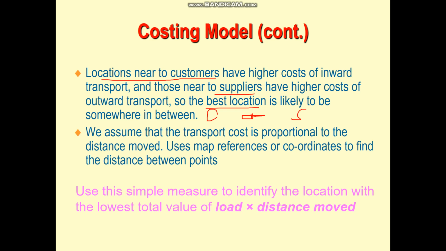We assume that the transport cost is proportional to the distance moved. We use the map reference or the coordinates to find the distance between facilities. And we use the costing model to identify the location with the lowest total value of load multiplied by distance moved.